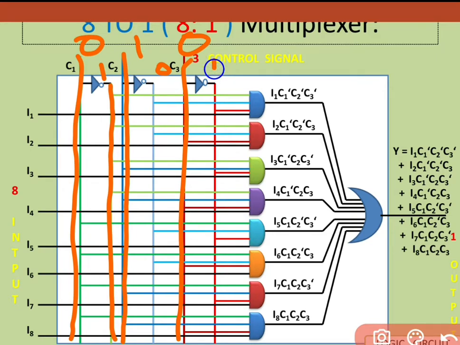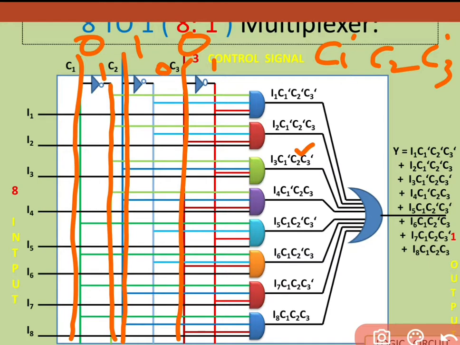And see, 0 1 0 means C1 dash, C2 and C3 dash. 0 means dash, 1 means normal. Means we are using here C1 dash, C2 and C3 dash.